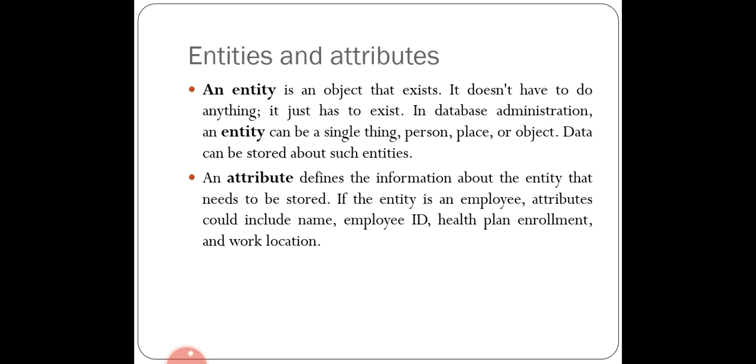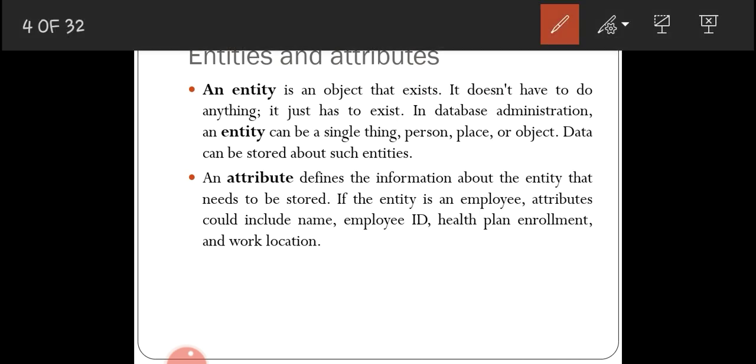Now let us talk about these entities and the attributes. Here we say an entity is an object that exists. It is a representation of a place, a person, an object, or any single thing, but of the things that we want to store records about.